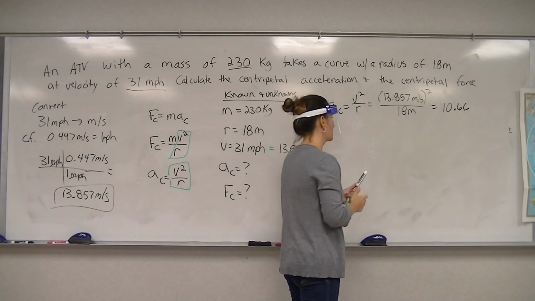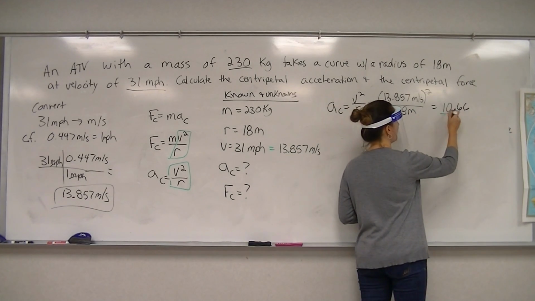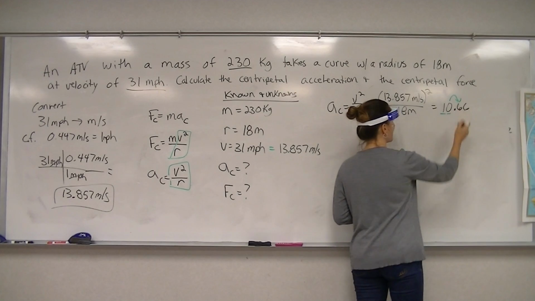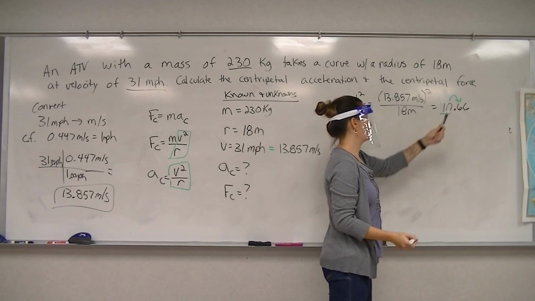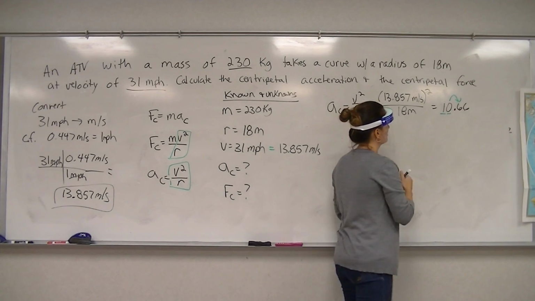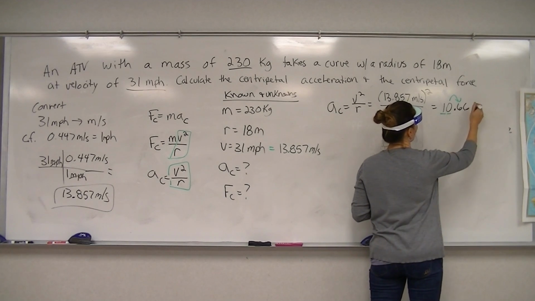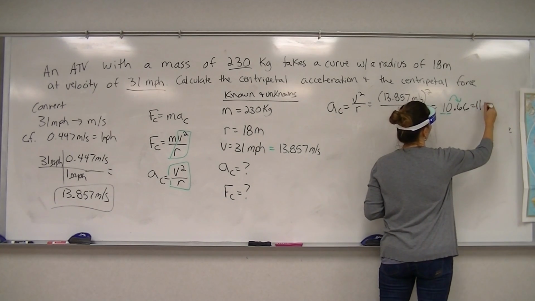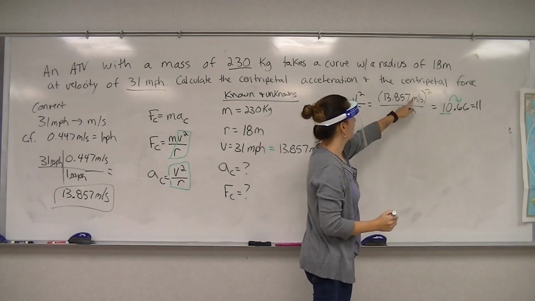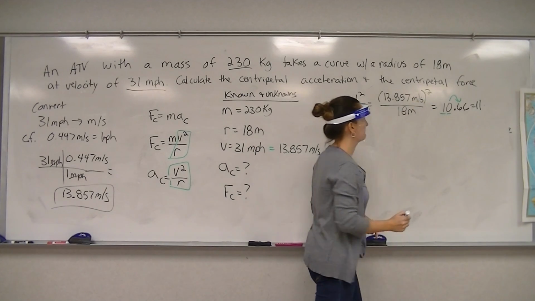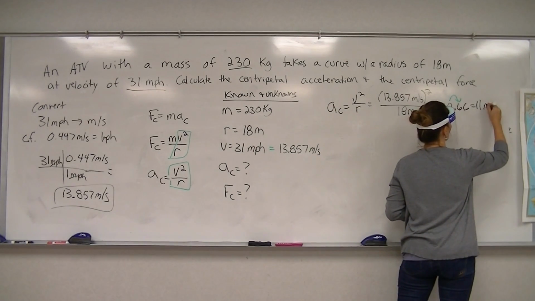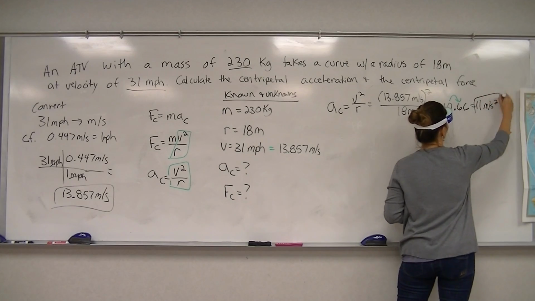Since I just said 2 significant figures, 1, 2, look at the number next to it. Is that going to stay a 0? No, we're going to round it up. So it's going to be 11, and the units on it are meters per second squared. Acceleration is always measured in meters per second squared in this course.